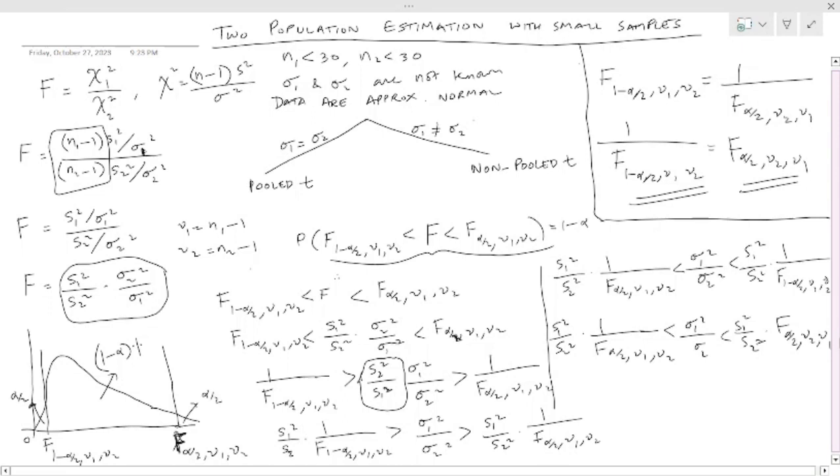This is how we can derive the formula for the 1 minus alpha percent CI for the ratio of two population variances. And we will now be applying this formula to discuss the question regarding pooled t application and non-pooled t application one by one. That's all from this part of the session.